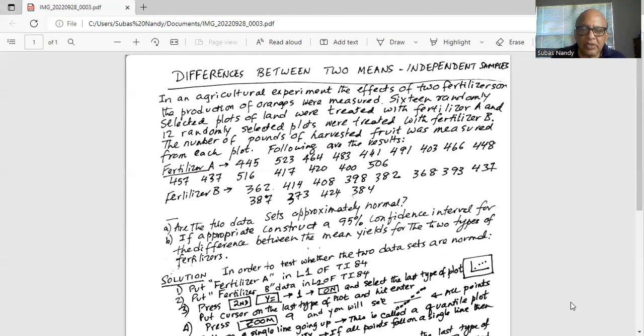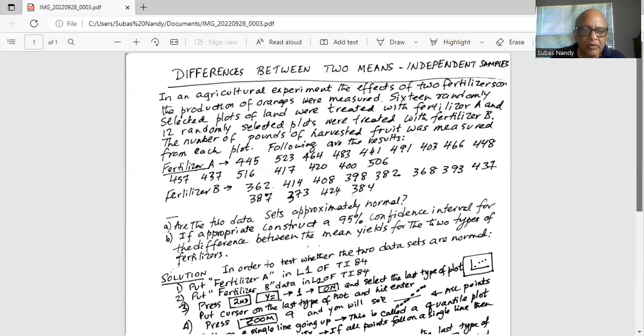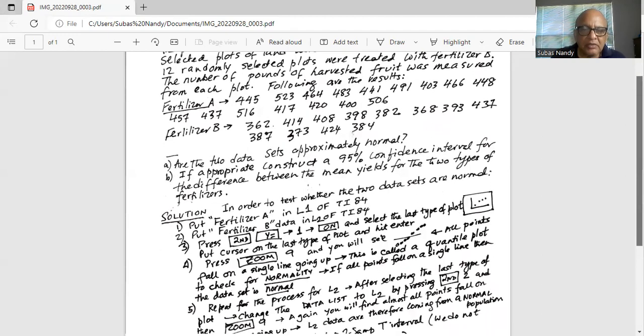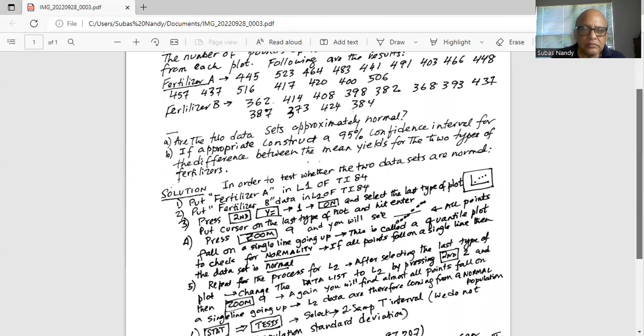In order to test whether the two data sets are normal, put fertilizer A in L1, list 1 of the TI-84, and put fertilizer B data in L2. Then press second, then Y equal to, which is the top left key on the top row, and then number 1.